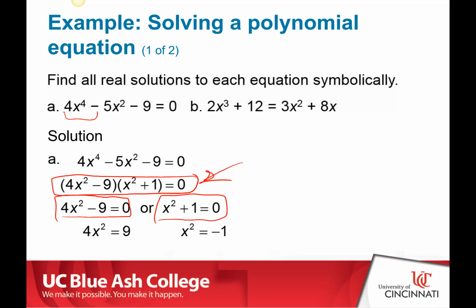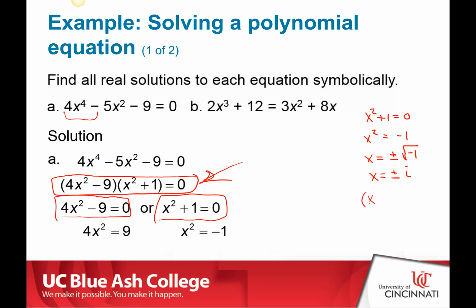If you solve this, x squared plus 1 is 0, that's going to give you x squared equals negative 1. X is equal to plus or minus the square root of negative 1. X equals plus or minus i. Does that look familiar?